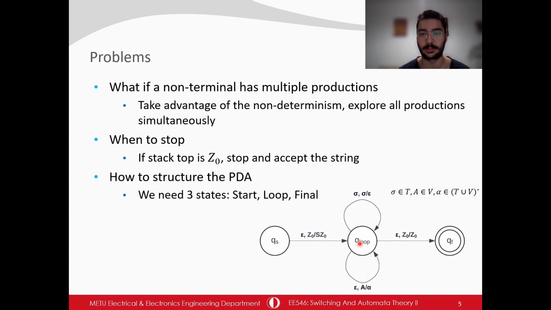For each production rule, we should have that many transitions that are self-looping into this state. And at the end, we should have a transition corresponding to our stop condition: if our stack is empty, we should accept the string, so go into our final state.